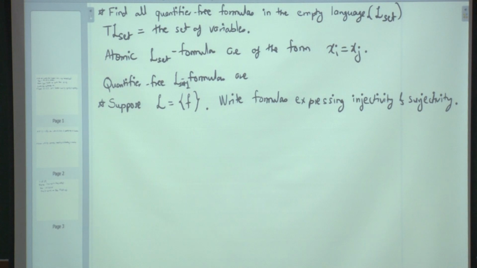These are iterated conjunctions and negations of xi equal to xj. Okay, that's all we have.